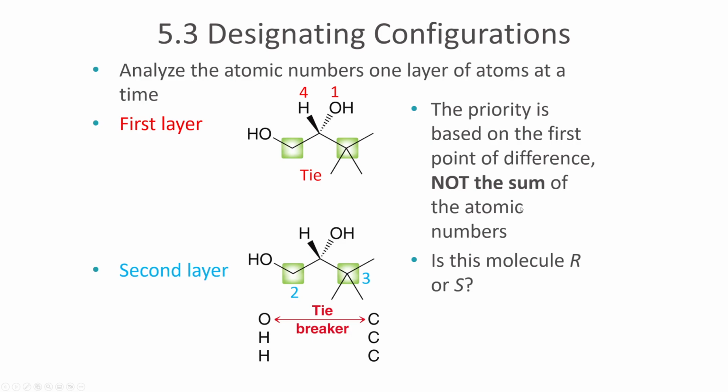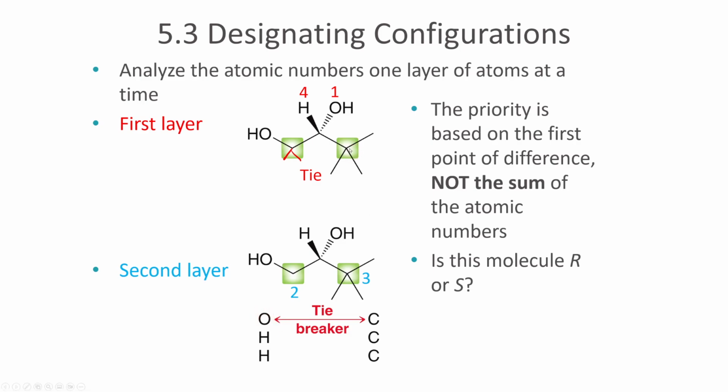Note that the priority is not based on the sum here. So, for example, in this example, we have a tie here with this carbon and this carbon. But when we looked at what they're attached to, this left carbon is attached to an oxygen and then 2 hydrogens. So the sum of these atomic masses would be 10, right? However, that's not what matters here. What matters is that the oxygen is higher priority.